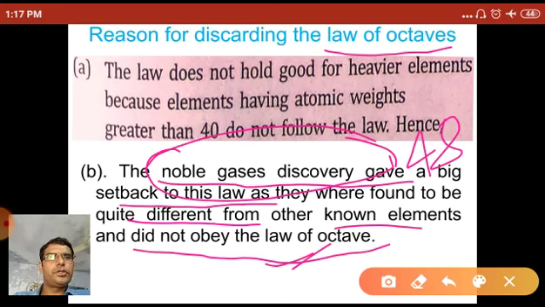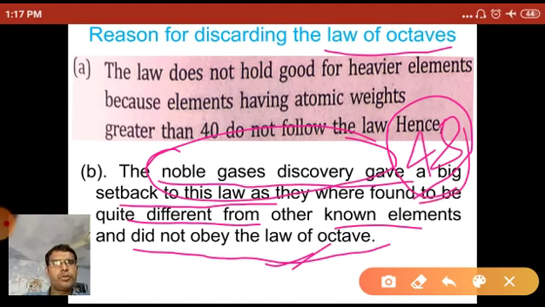So this is the reason Mendeleev and other chemists discovered more than 48 elements. As you know, right now more than 180 elements have been discovered by chemists. So these three are the reasons due to which the octave law was discarded by scientists.